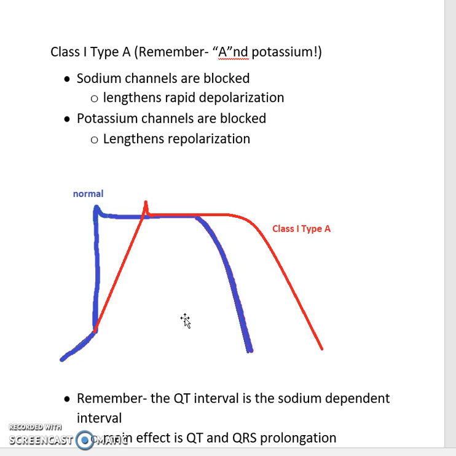So here we have the class 1 type A antidysrhythmics. The easy way to remember this is class 1 type A: sodium and potassium. So for this, the sodium channels are blocked, which lengthens the rapid depolarization, and potassium channels are also blocked, which lengthens repolarization.